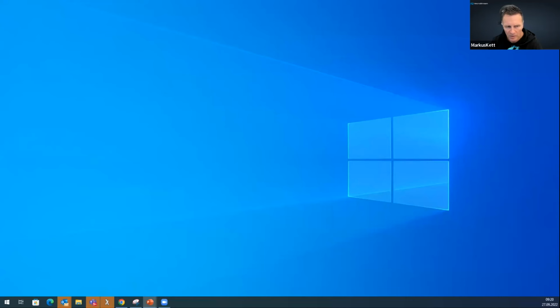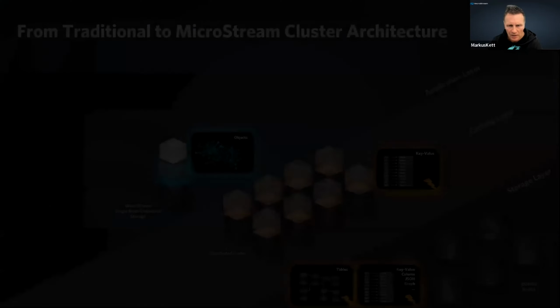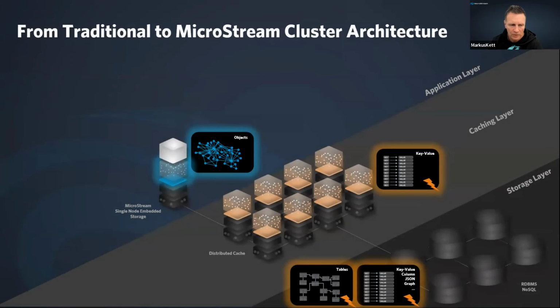So it was not possible to build distributed applications by using MicroStream. And this is now new. Now we are able to replicate the object graph in memory, and to allow you creating distributed applications or microservices with MicroStream.